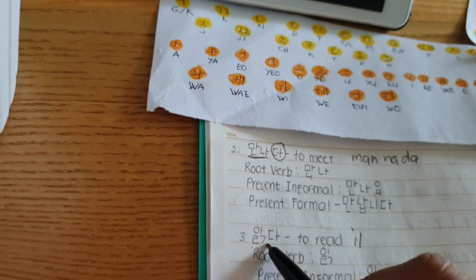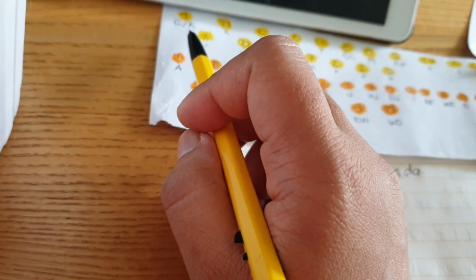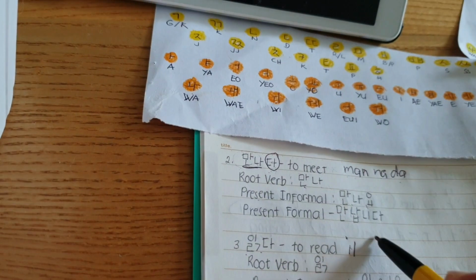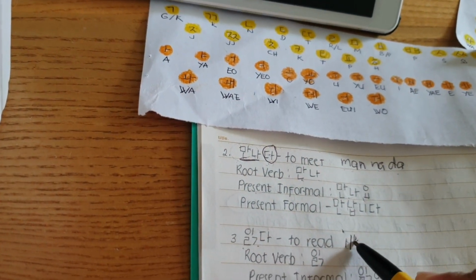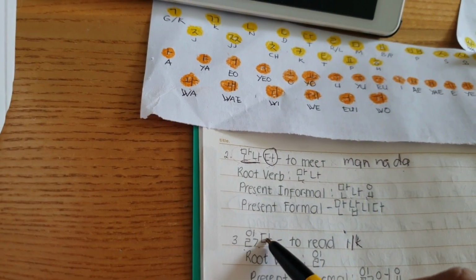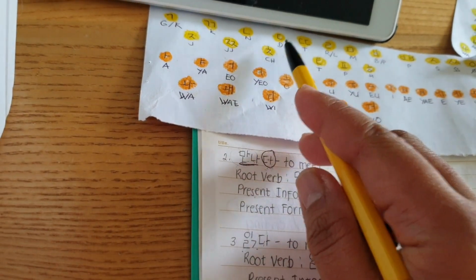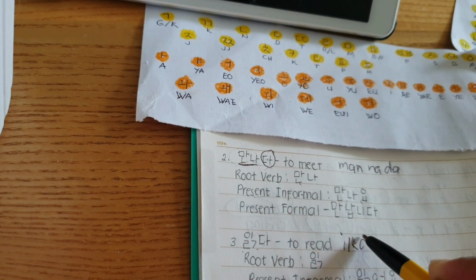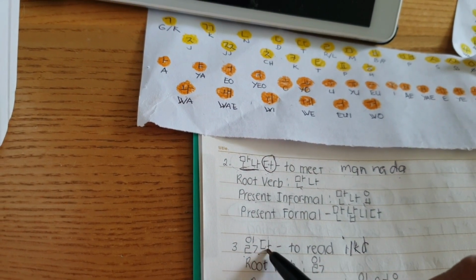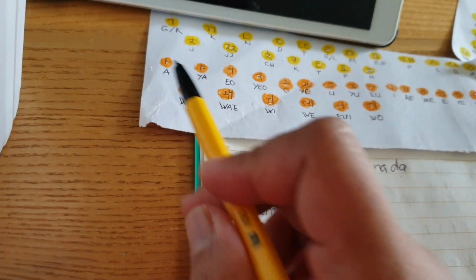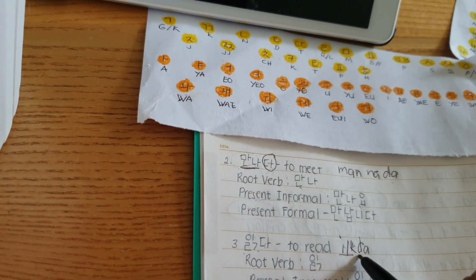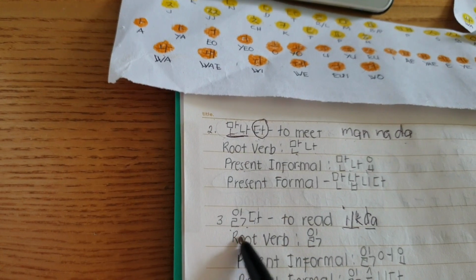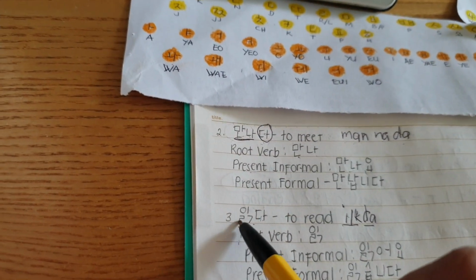Then giok, G or K. So it's used as the second, so it's ilk. Then tiget, T. Then A, ilta.